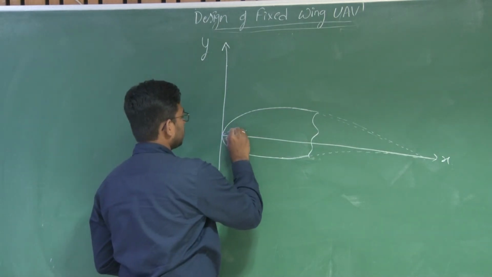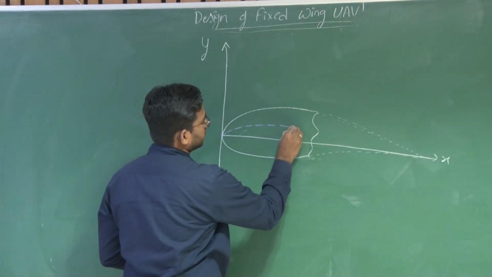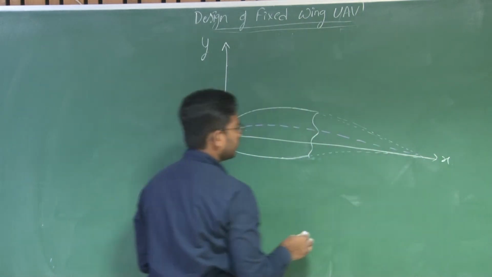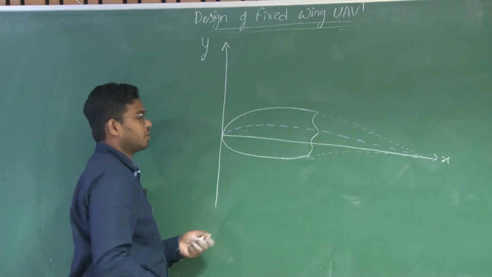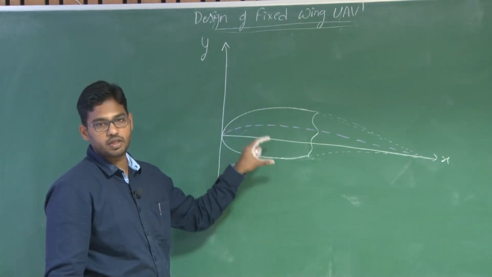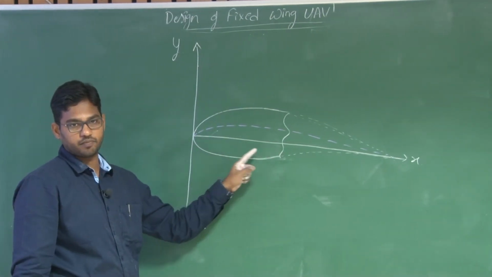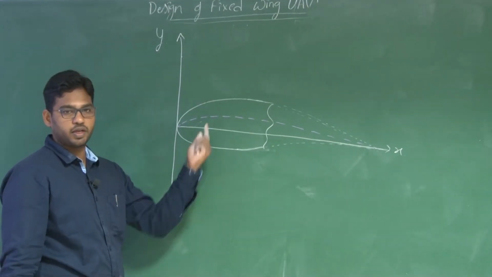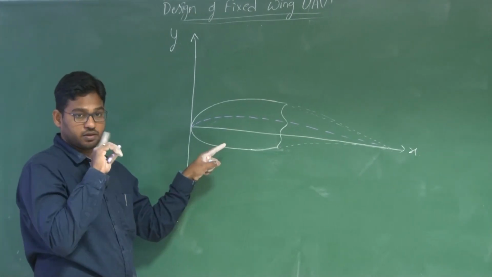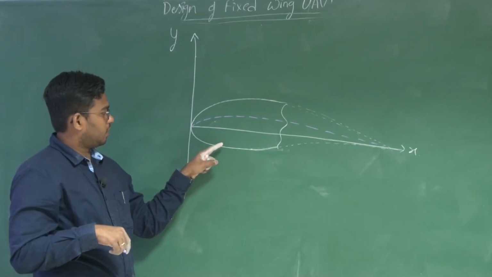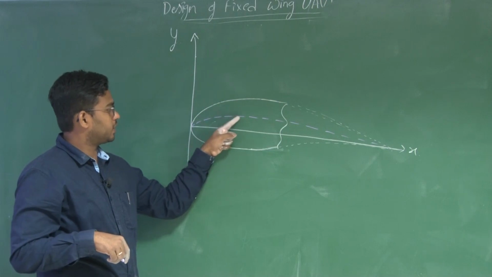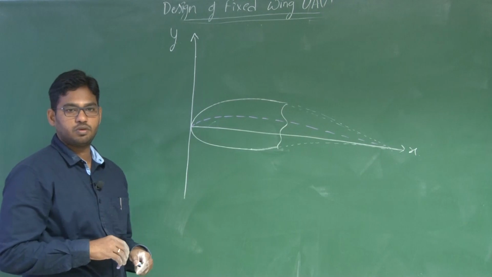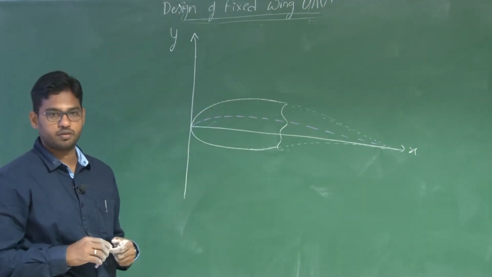And if I know the equation of this mean camber line, and if I have an equation that talks about the distribution of thickness at each and every x, the corresponding thickness distribution about the mean camber line, and if I know the slope at each and every point of this mean camber line, I will be able to plot this aerofoil, right?